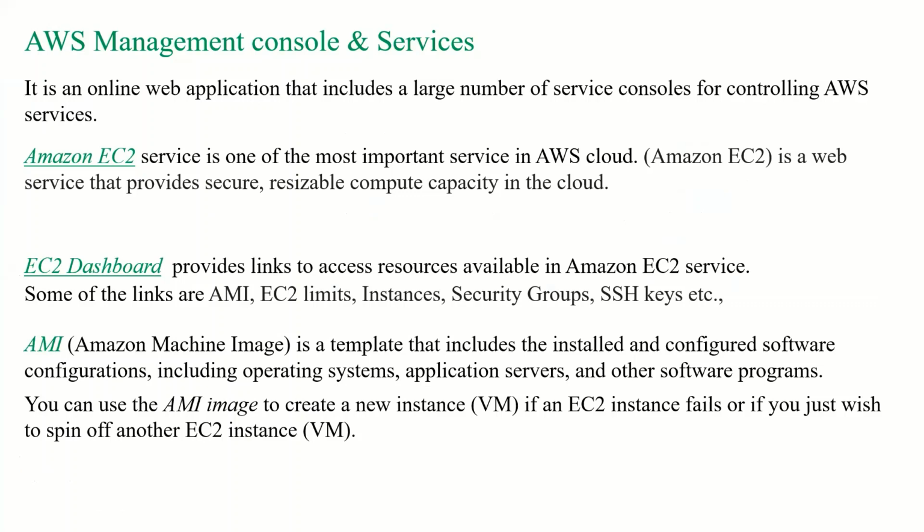That means this is like the media, like a DVD drive that has your Windows operating system installable software. The AMI is a similar type. So you can use the AMI image to create a new instance if an instance fails, or just if you want to create another virtual machine. Now I just created one virtual machine. I want to create another virtual machine. Yes, I can select it. Okay.